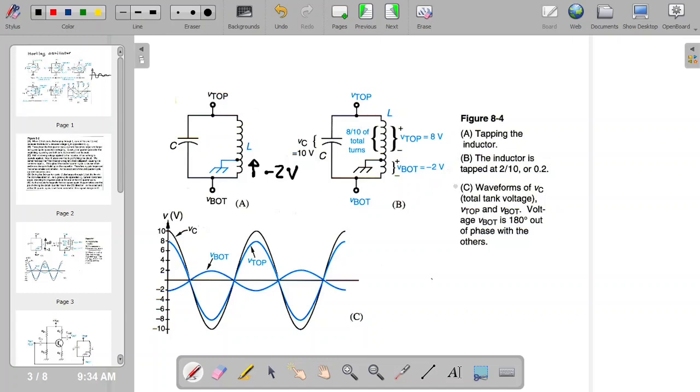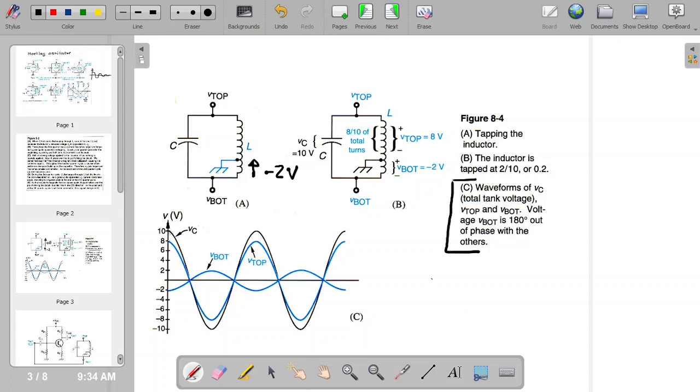And what it does is explained here very well. So the waveforms of VC, the total tank voltage, V top and V bot, that's what this shows. So the voltage V bot is 180 degrees out of phase with the others.